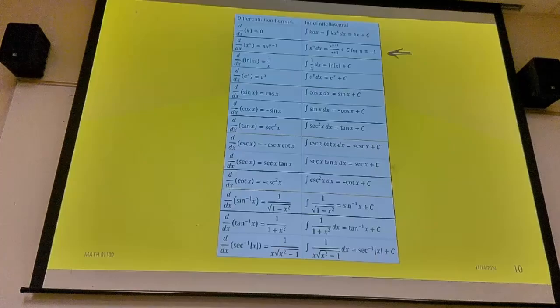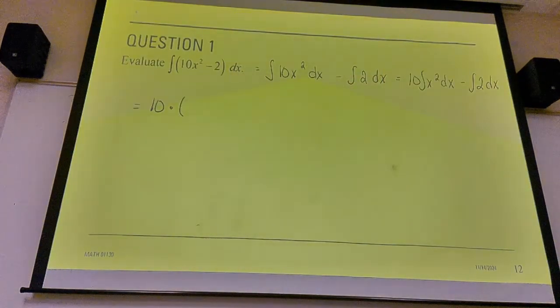Add 1 to the exponent, divide by that new exponent. That's what it says. What's the power right now? Add 1 to 2, divide.